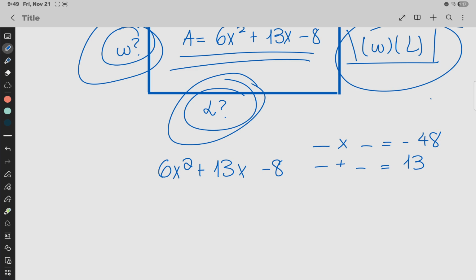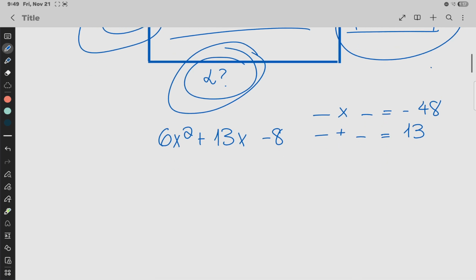I'm also taking some time to find them as well. It's going to take a pretty long time, especially for these numbers. So that's why I said you should prioritize common factoring out an expression.